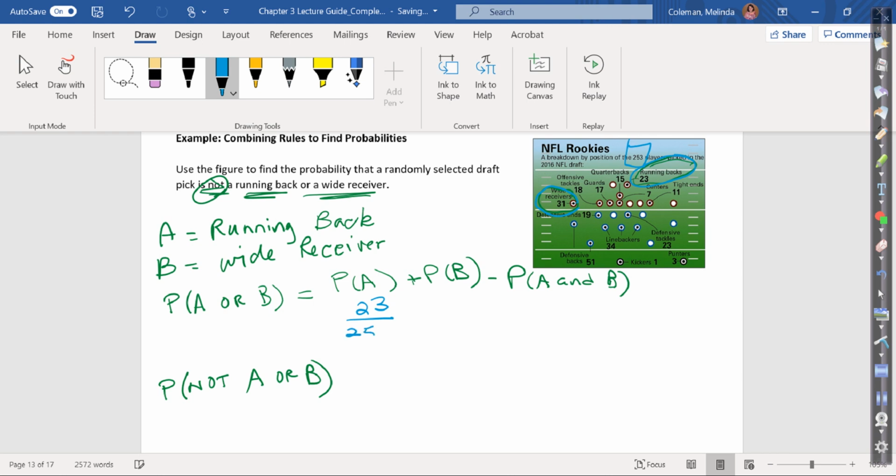So it's 23 over 253 plus the wide receivers, and there were 31 wide receivers, 253 total. There's none that they share in common. So that would be 54 out of 253, which is approximately 0.213.